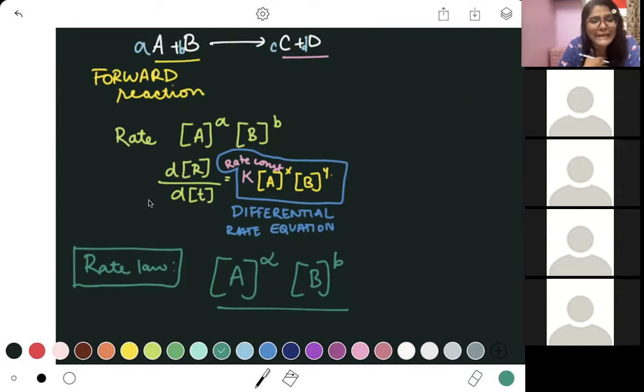If you are able to get this, you would be able to write down your reactions in a proper manner, and you would also be able to make sure that your reaction is balanced.